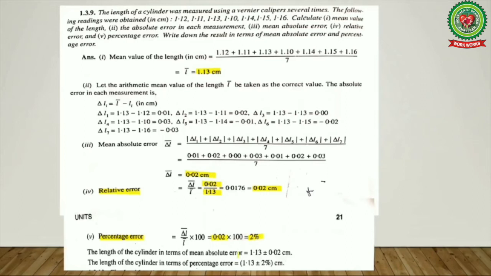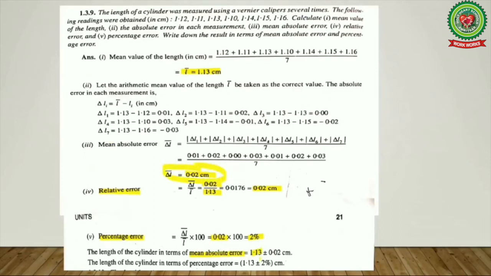Now how do you represent the result in terms of relative error and percentage error? The length of cylinder, overall result we have to write. So length of cylinder in terms of mean absolute error, you have to take the true value, the first value, this one, true value 1.13 plus minus 0.02, which is the mean absolute error. From here you have to take this term.